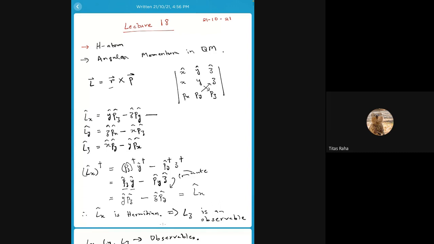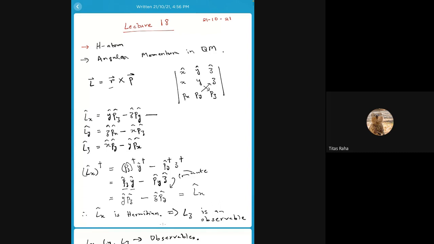So last class we talked about angular momentum, and we said that our goal was eventually to solve the Schrodinger equation for the hydrogen atom. And we wanted to talk about angular momentum in relation to that because the hydrogen atom is spherically symmetric, and angular momentum should be a good quantum number, and it should simplify our equations considerably.